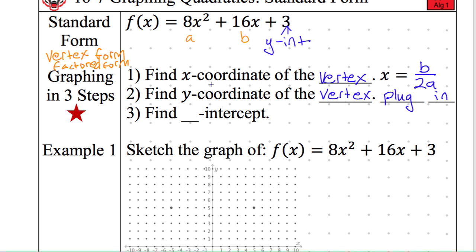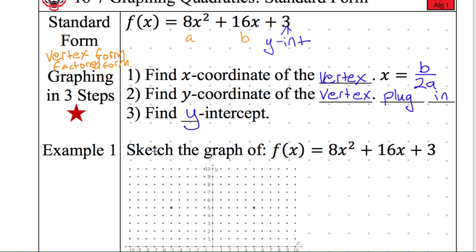And then finally, I need to find, well, what was that really nice thing that we were able to find? What was the really nice thing that we could find from standard form? We wrote it down. It's on that first line. What's really nice about standard form, Jose? You have a 50-50 shot. It's X or Y. Oh, X. Or Y. There it is.